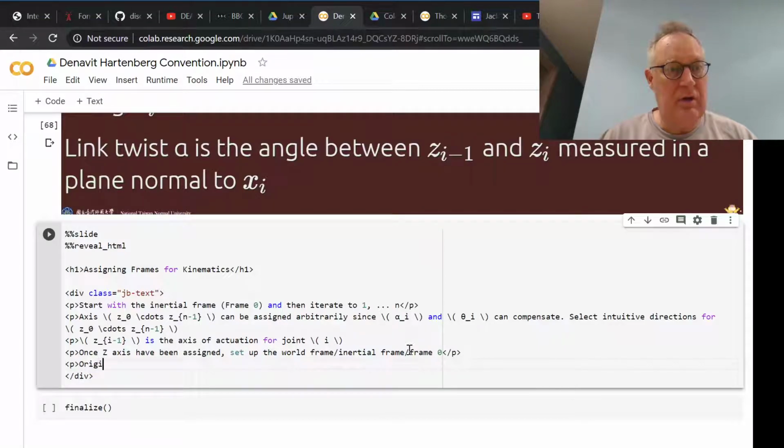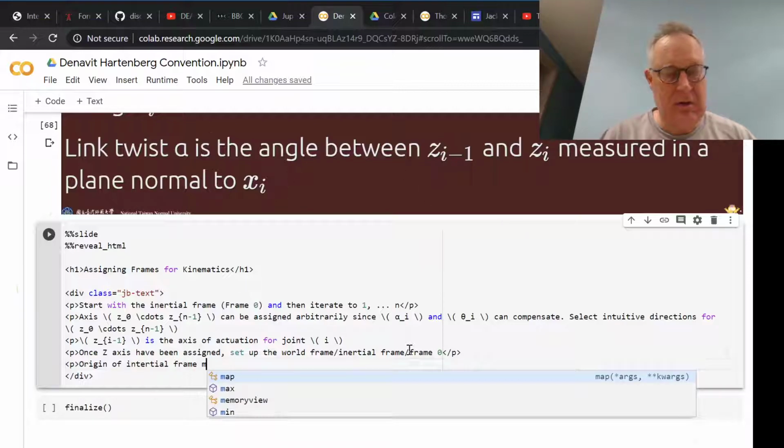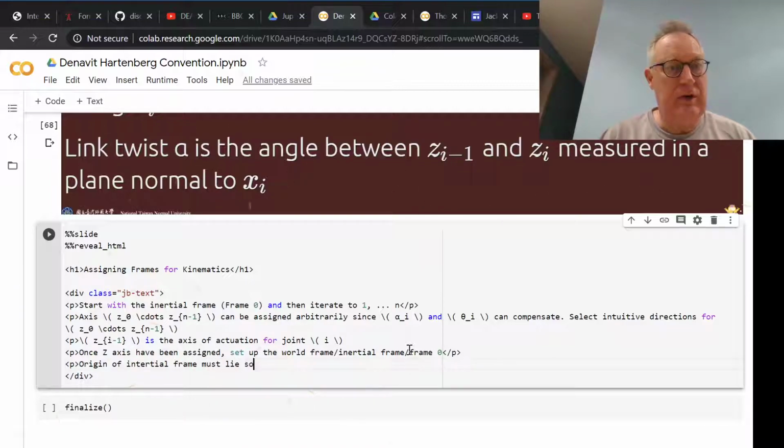The origin of the inertial frame must lie somewhere along z0.